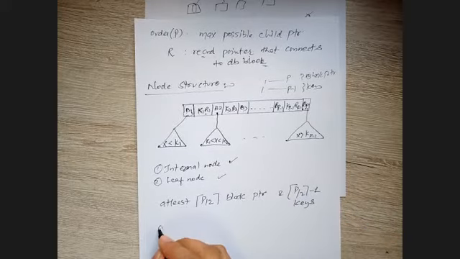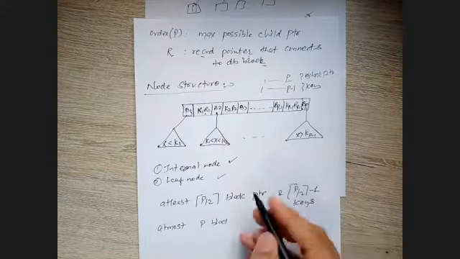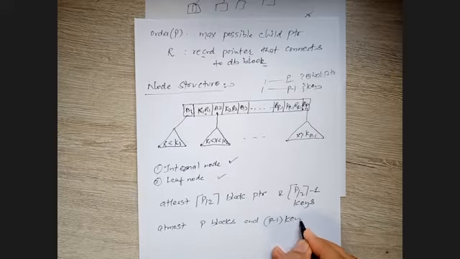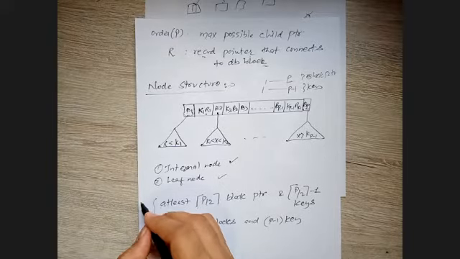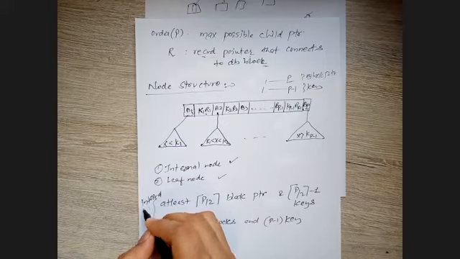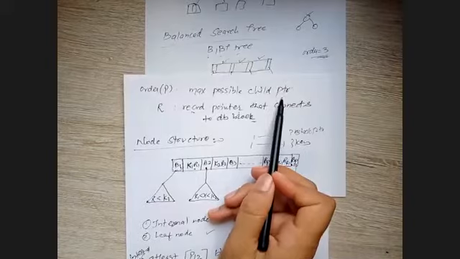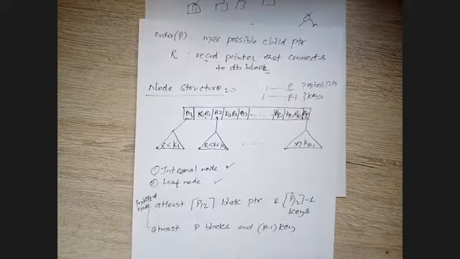And at most, P block pointers and P minus 1 keys. I will show you with the help of a numerical example. This is for your internal node, except the root; we are not including the root node, which is on the top. We have at least P by 2, where P is the maximum possible child pointer, that is the order that we are given. I will show you with an example.